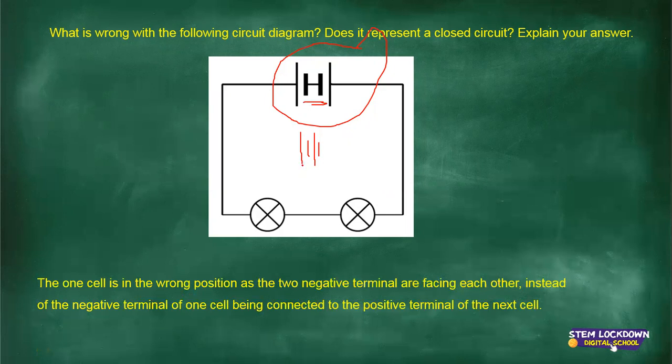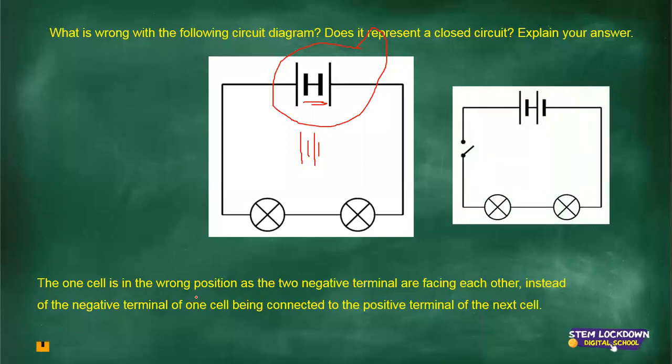So you have to have a positive and then a negative, and then a positive and a negative. You can't have it like this. So this is the correct way it should be represented, except here I put a switch and this shows you it's open. So your cells should be arranged this way.